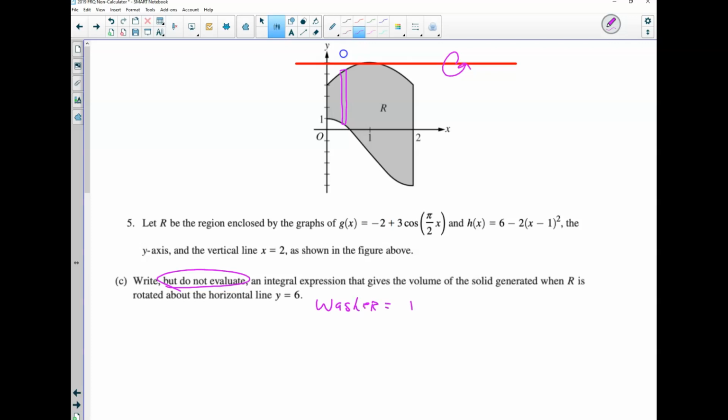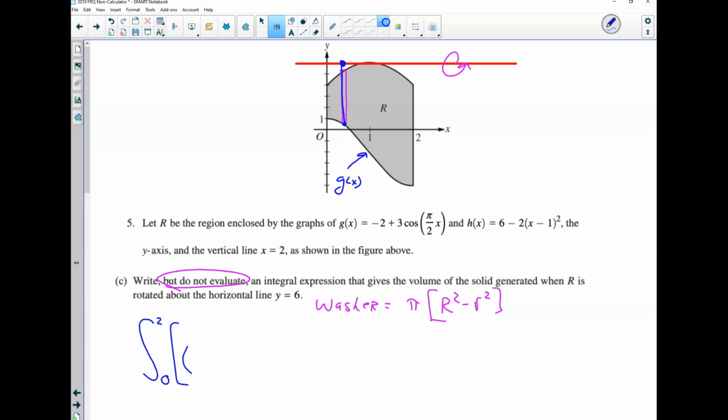Which a washer is pi times big R squared minus little r squared. And my big R goes from my axis of rotation to my outermost. This bottom one here, remember, is our g of x function. So we're taking the integral, we're perpendicular to the x-axis, so we're going 0 to 2.